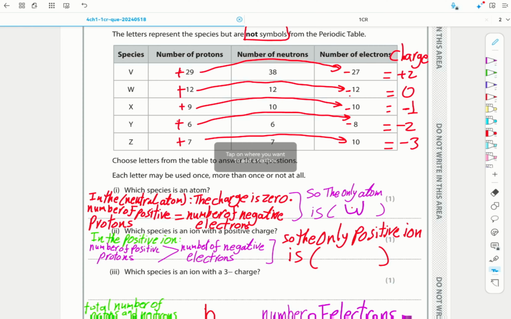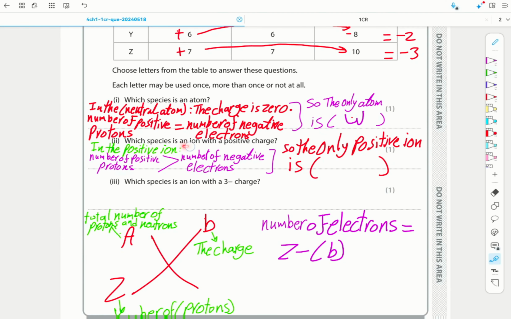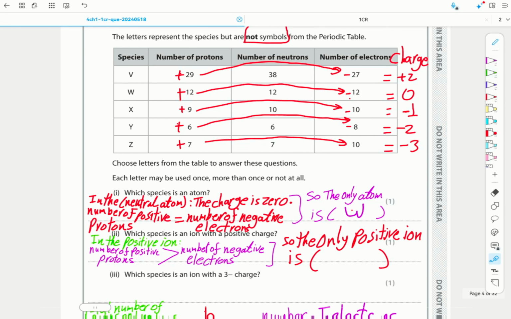Now, let's go to the other question, my friends. Second one: which species is an ion with a positive charge? Which one has the positive charge? The one with the positive charge means that the number of positive protons is higher than the number of negative electrons.